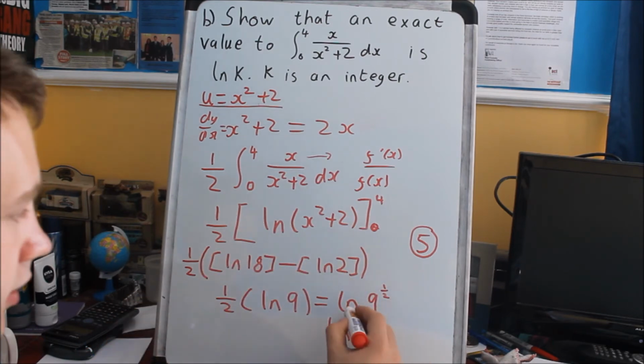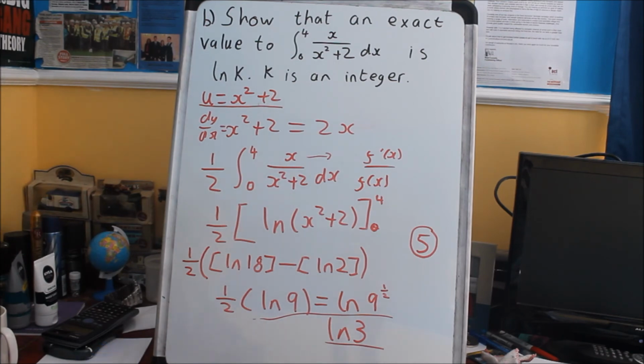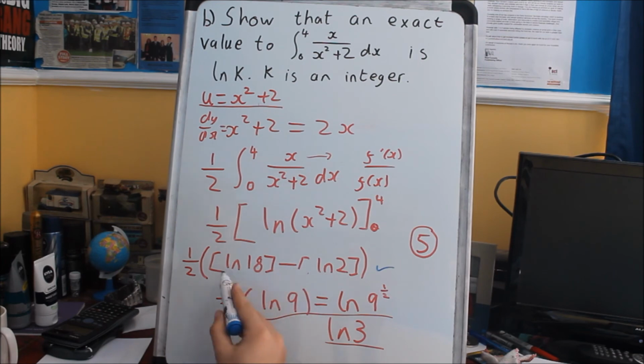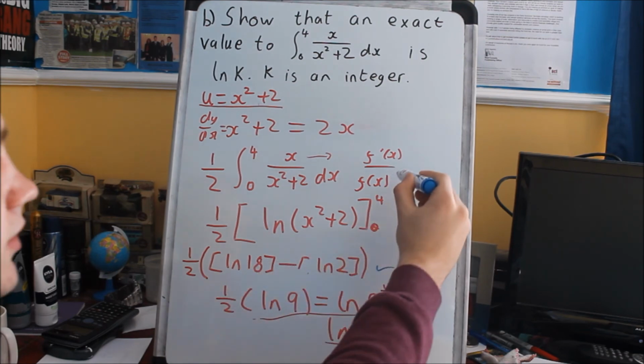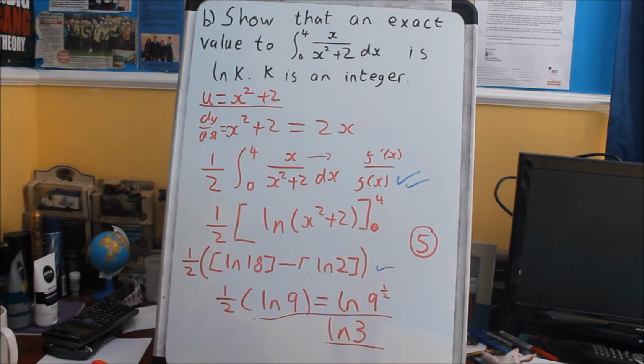And this line and this line are 2 of the 5 marks straight away. This being the 5th mark because it's the answer. This is one of your method marks for going about it in the right way, remembering this rule. Getting to this stage would have got you the 3 marks previously. Getting to this just like this, and the integration itself actually got 2 marks, because you could get a mark if you omitted this half.